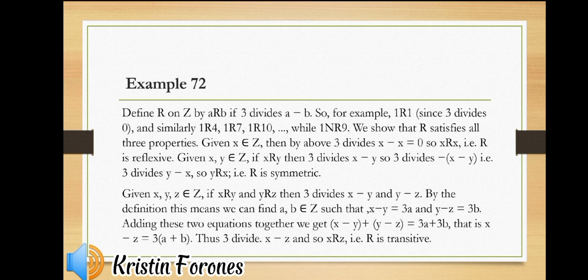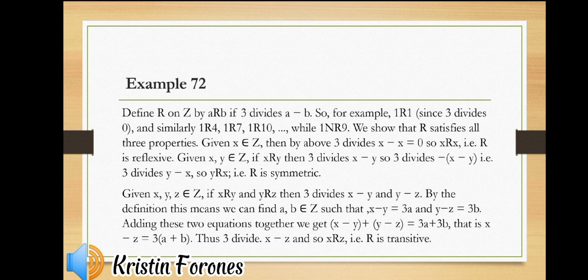For the third, let x, y, and z be elements of Z. If x is related to y and y is related to z, then 3 divides x minus y and y minus z. By the definition itself, this means that we can find a and b elements of Z such that x minus y is equal to 3a and y minus z is equal to 3b.